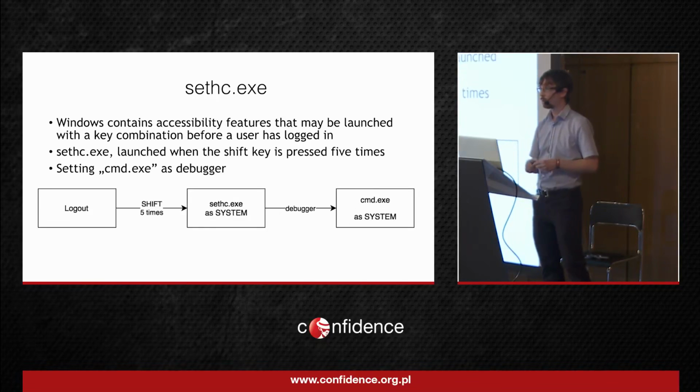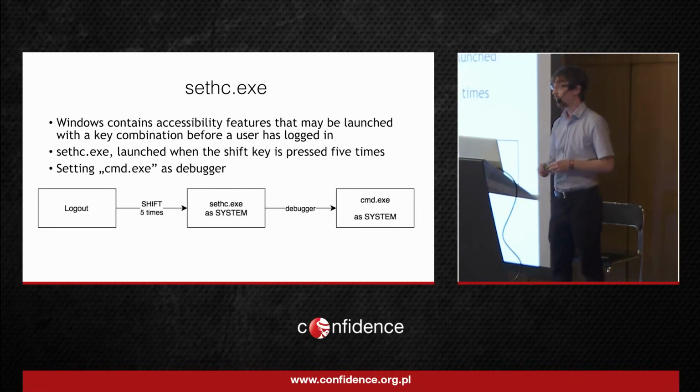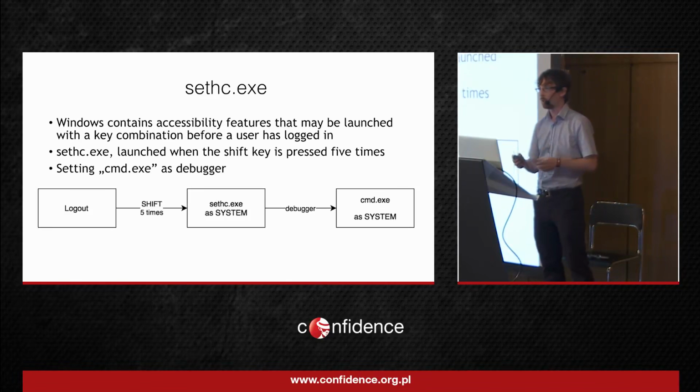There is one little quirk here. When you press the Shift key 5 times, the executable runs in your security user context. For us, that's bad, because we are a standard user and we want administrator access. But the situation changes dramatically when you log out, because on the login screen there is no currently logged-in user, so the operating system executes this binary as SYSTEM.